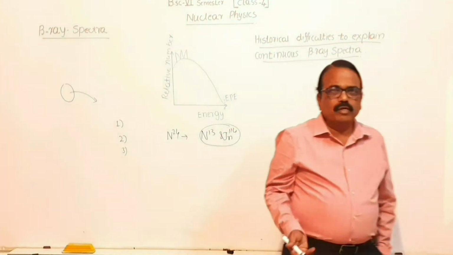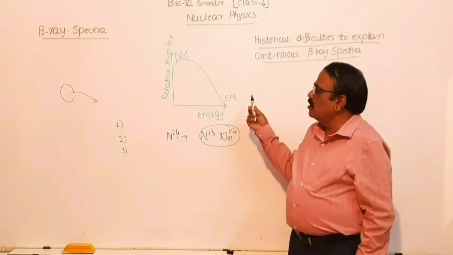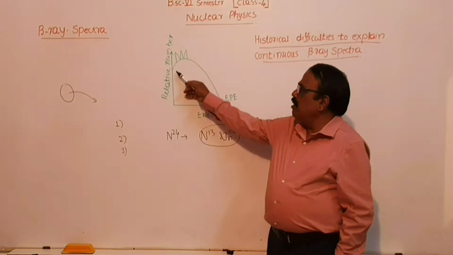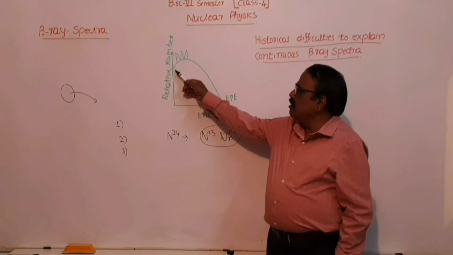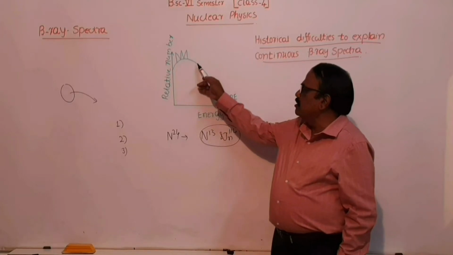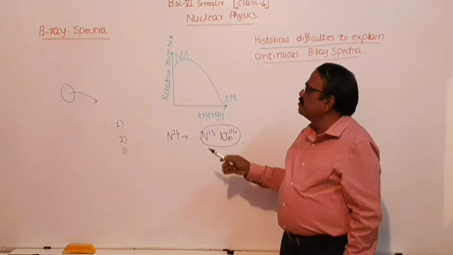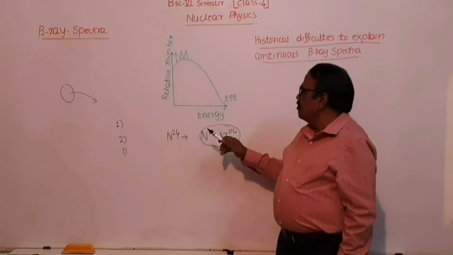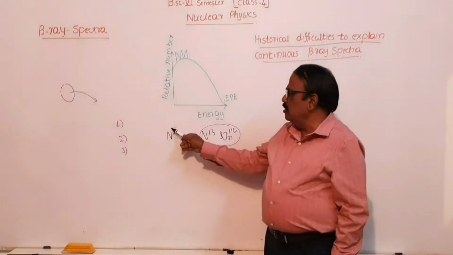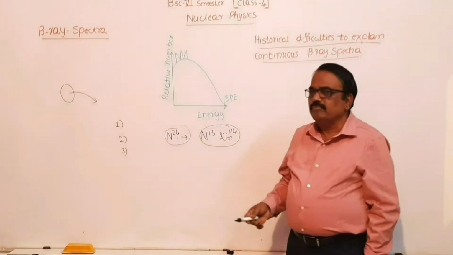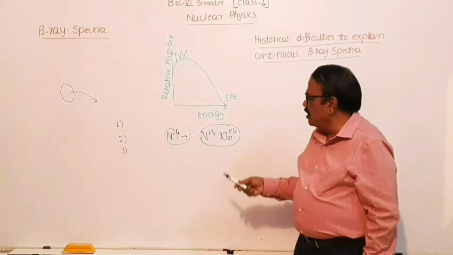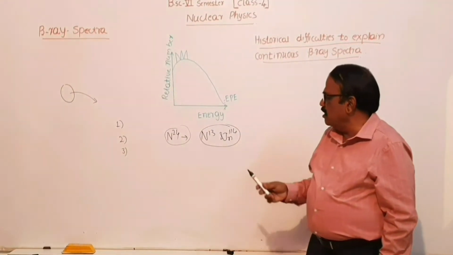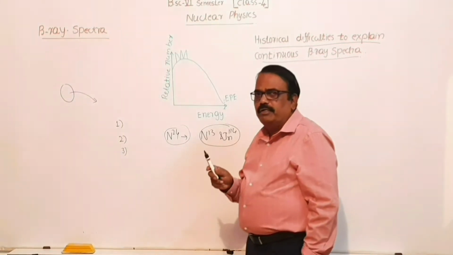Then the question is why? We have to answer this. Why, as the relative number increases, does the energy go on increasing, reach a maximum, and go on declining? And why are there sharp lines, and only this element emits gamma rays, whereas N13 and In114 do not emit gamma rays?